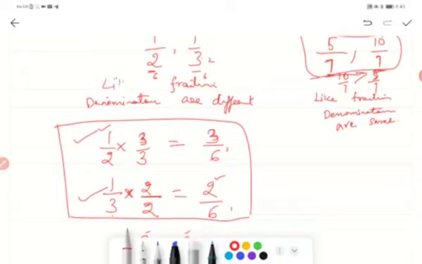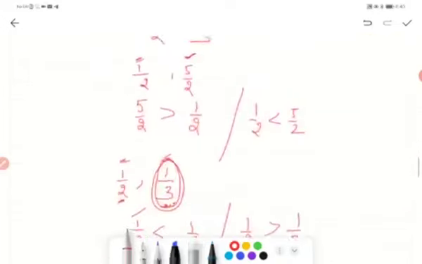Now unlike fractions come when both the numerator and denominator are different, like 5 by 2 and 7 by 6. Here neither numerator nor denominator is the same, they are not equal, so you call these fractions unlike fractions.